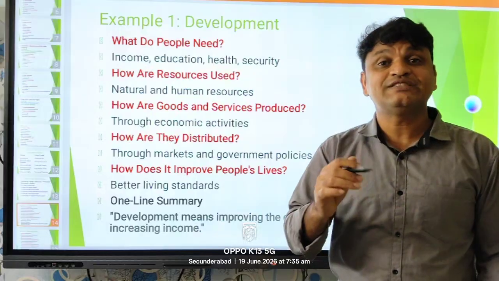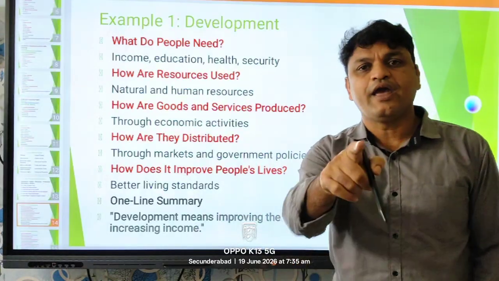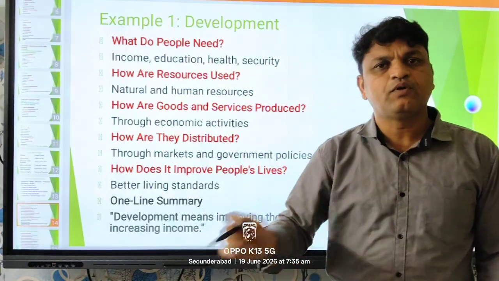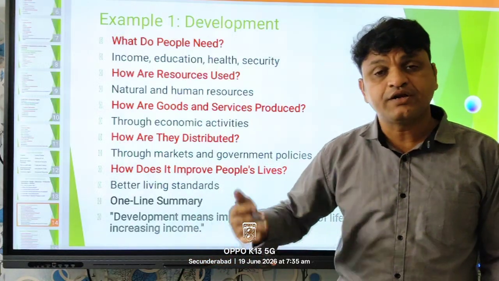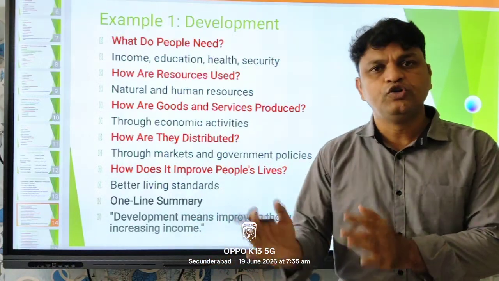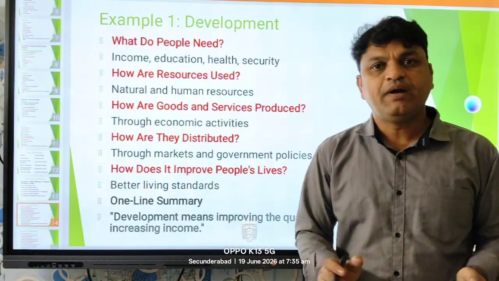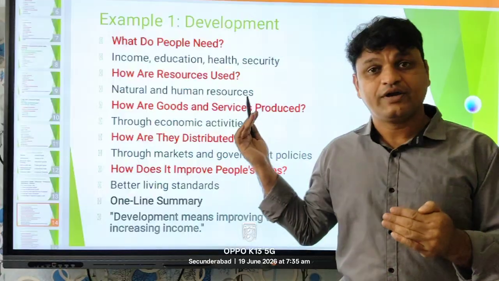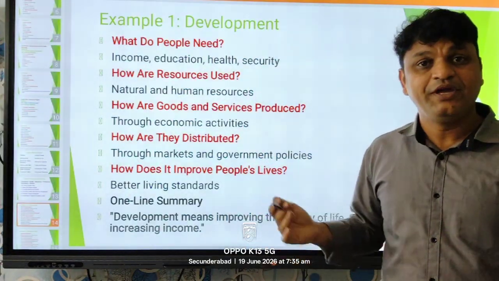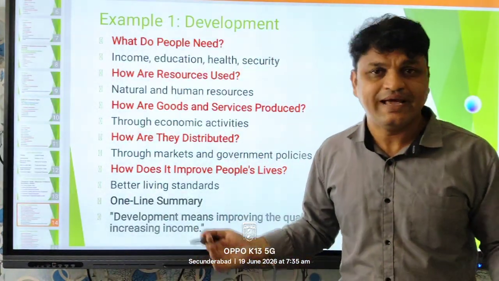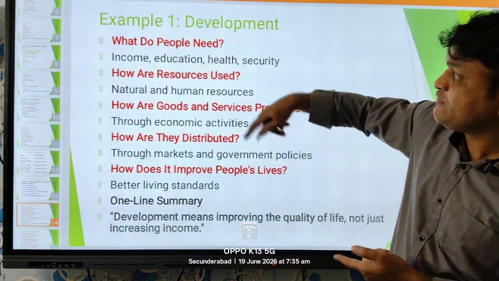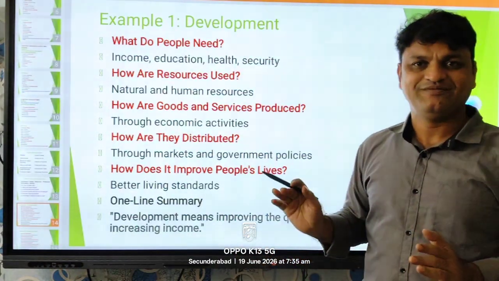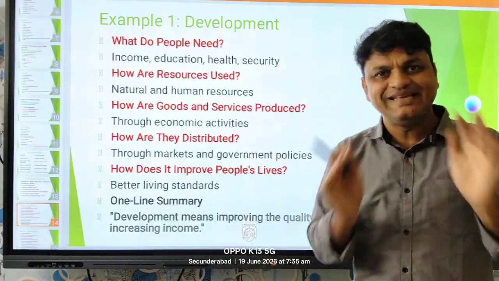So we must focus on economic development rather than economic growth. Economic growth deals only with income, production, or output, how much you produced, how much profit you have. But development deals with income, health, education, then security, freedom, equal treatment, pollution-free environment, etcetera. So in this way you have to understand the chapter, so that for you it's very easy.